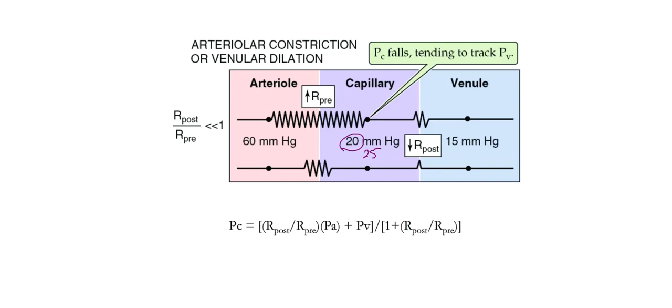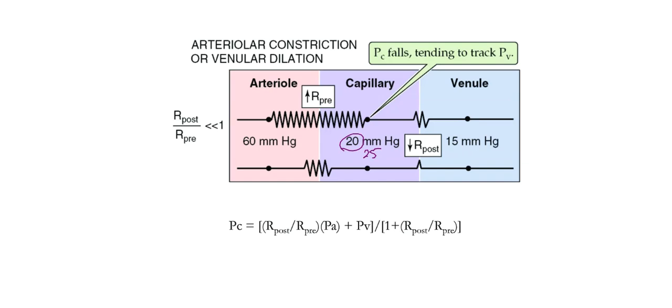We care about this because changes in the actual pressure at the capillary, this is going to be something called hydrostatic pressure. All right, so your hydrostatic pressure is going to be one of the forces that promotes fluid movement from blood into the tissues. So if you have a higher capillary pressure, it'll move more fluid into the tissues.